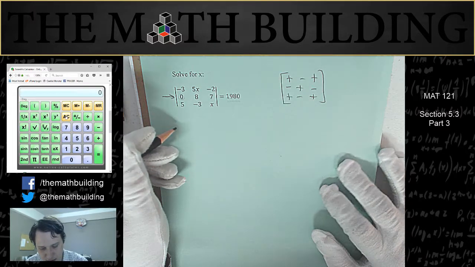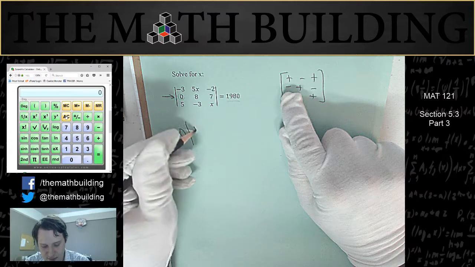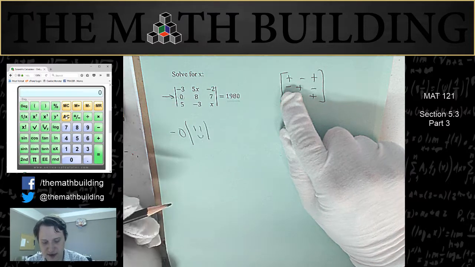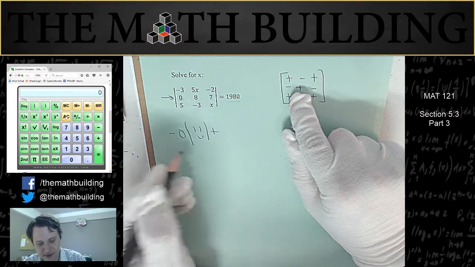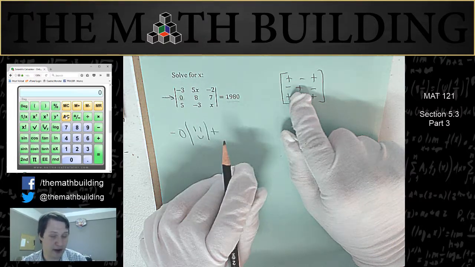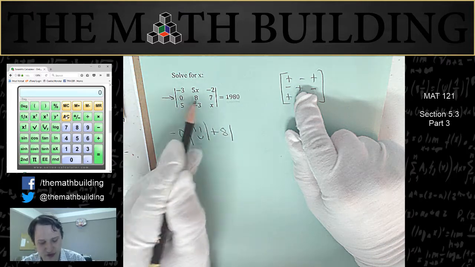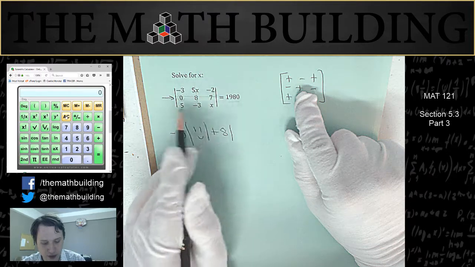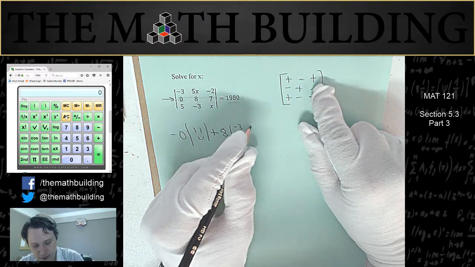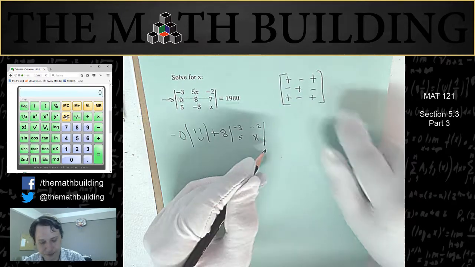So our first is a -0 times smiley face, because we don't even need to calculate that because we know it's going to be 0, plus, and remember that's the determinant of smiley face, plus 8 times this determinant. We ignore this row, this column, and this row, so it's just the 4 corners. -3, -2, 5, and x.